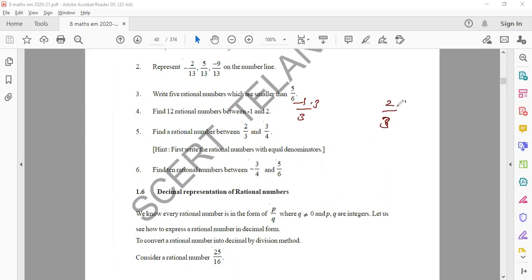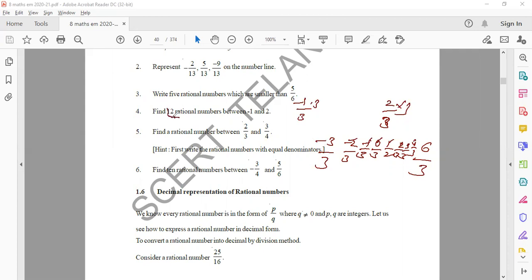It means minus 3 by 3 and 6 by 3. Now what you are going to get: minus 2 by 3, minus 1 by 3, 0 by 3, 1 by 3, 2 by 3, 3 by 3, 4 by 3, 5 by 3. Counting them, only 7 you got.